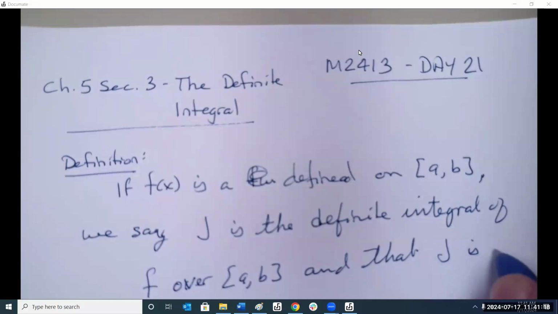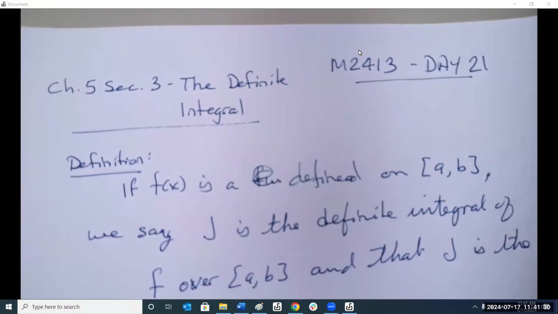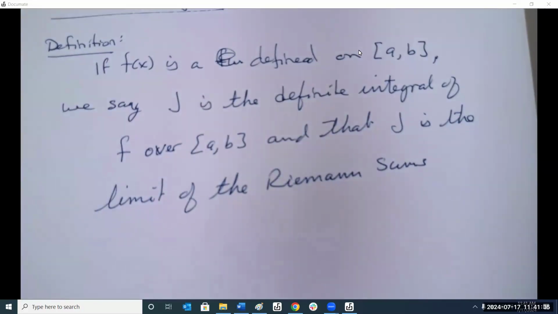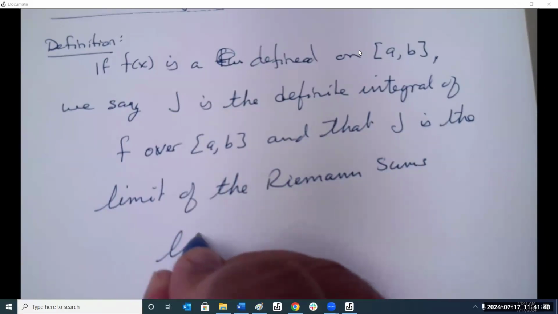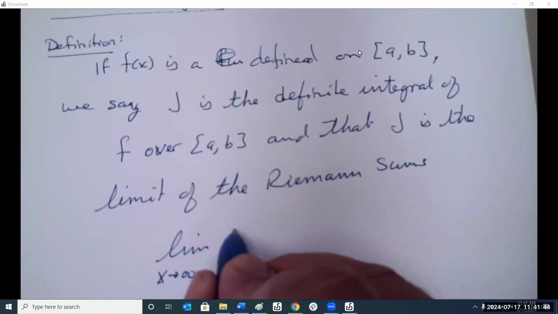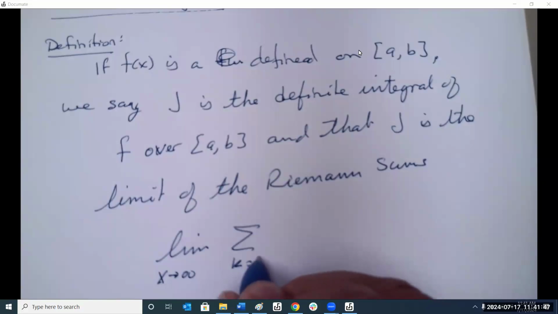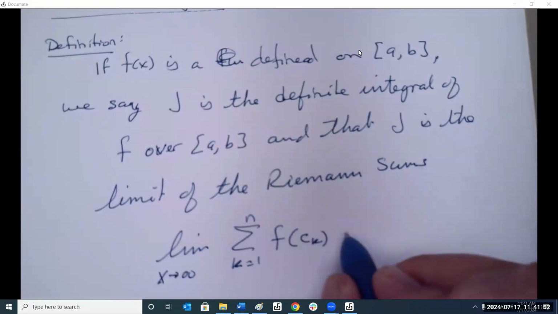And that j is the limit of the Riemann sums, which is the limit as n goes to infinity of the summation of k equals 1 to n, where c is the midpoint.